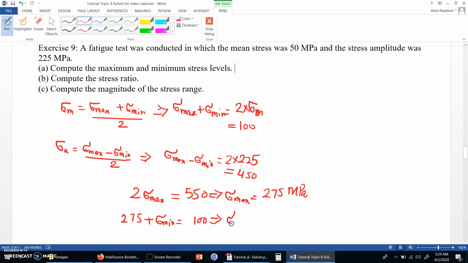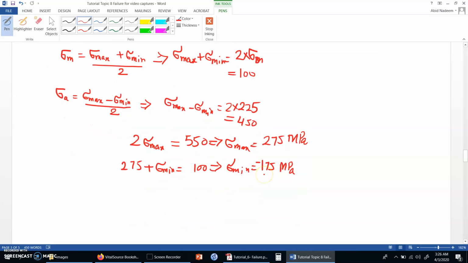So from here sigma min will be equal to... it looks like I have made some mistake over here. Sigma min will be equal to minus 175 megapascal. So these are the answers for part A.